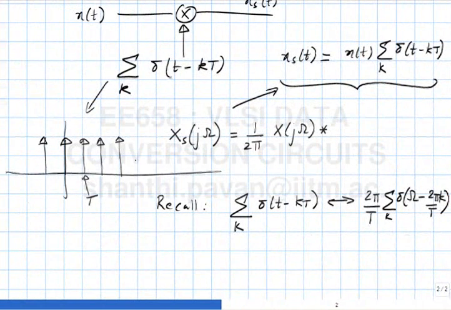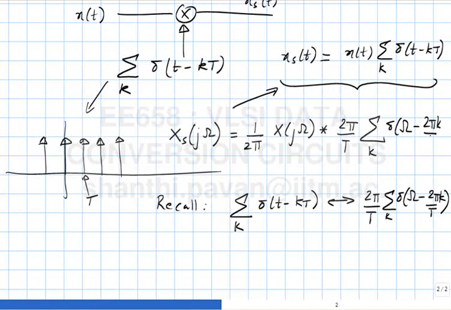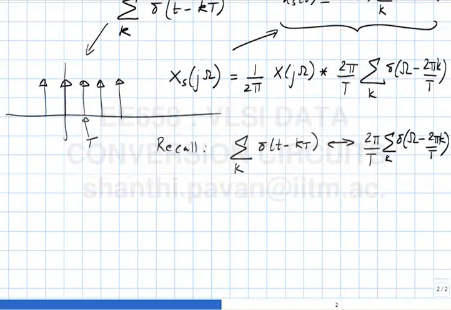So the spectrum Xs of j omega is simply the convolution of X of j omega with 2 pi by T summation delta of omega minus 2 pi k by T. Does it make sense? Straightforward.